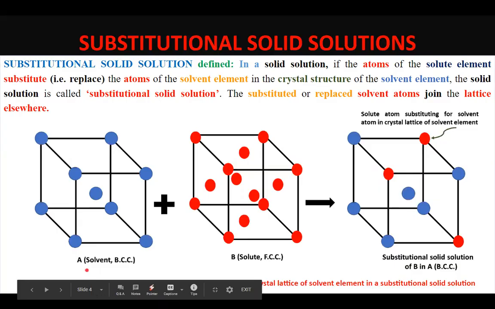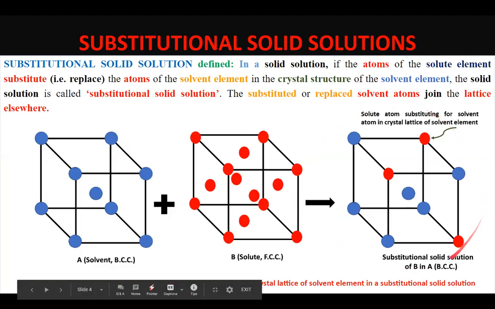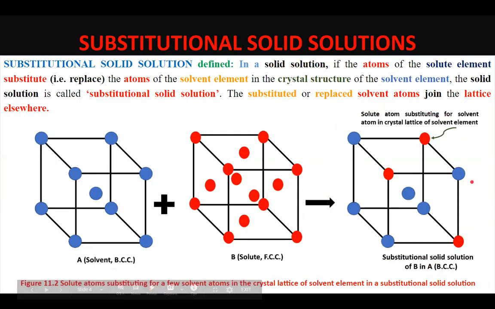So if a solid solution is getting formed between two elements or even more than two elements, then the final unit cell that would be seen in the solid solution will be of the same crystal structure as that of the solvent. The difference is that whereas in the unit cell of the solvent only atoms of the solvent element were present, in the final solution atoms of all the constituent elements would be sharing the same unit cell, same crystal structure.